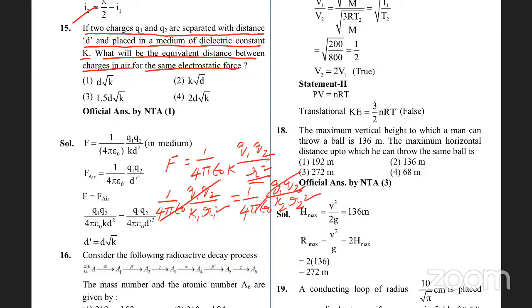So that means the condition for the same force is K1 R1 square must be equal to K2 R2 square. R1 is in the first medium, R2 is in second medium. If it is air, K1 is 1. So sometimes root K into R is constant. If you apply this concept, you will get the first option. So to experience the same electrostatic force, when the two charges are in different media, equate the force.